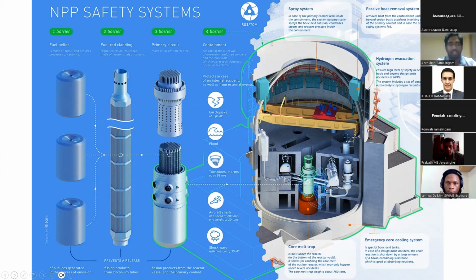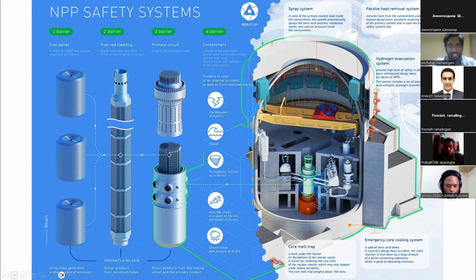Then the fourth one is the containment building. In case of an accident, the containment building will protect the people and the environment from the radiation. Also, in this picture, you can see some of the safety systems used in the reactor.